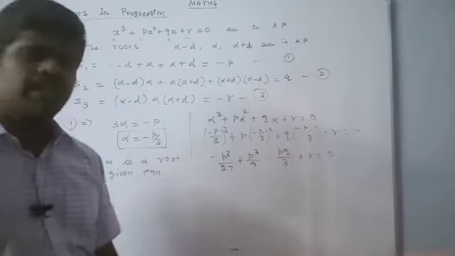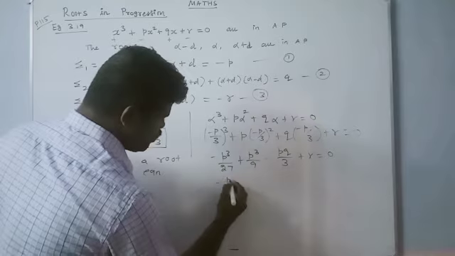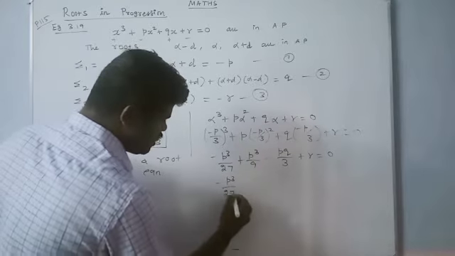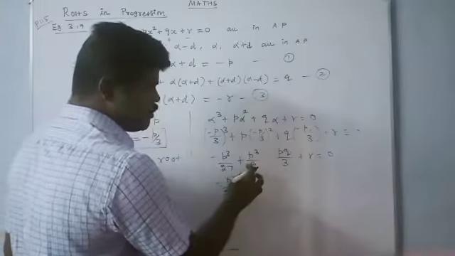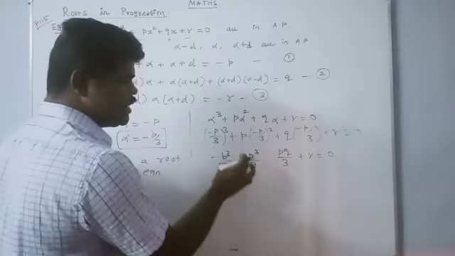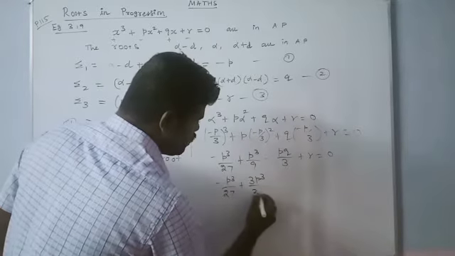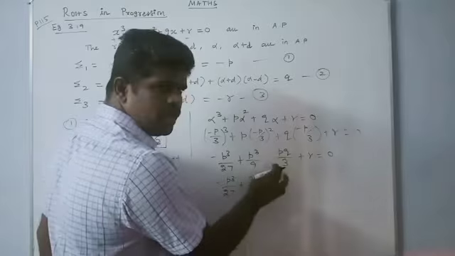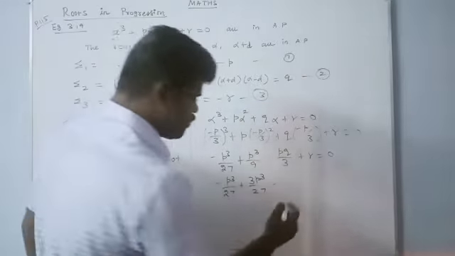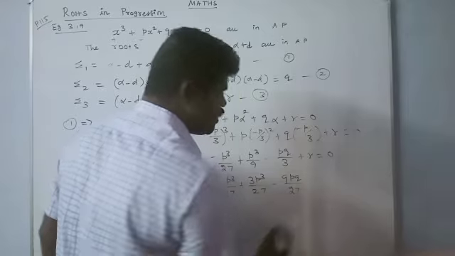Now we want to take the LCM. So here minus p cube by 27, this LCM is 27. And plus, multiply 3 to the numerator and denominator, 3p cube by 27. Here minus, we want to multiply 9 to the numerator and the denominator, 9pq by 27.